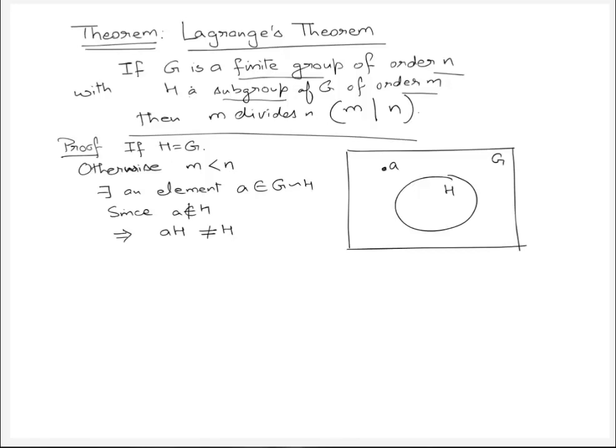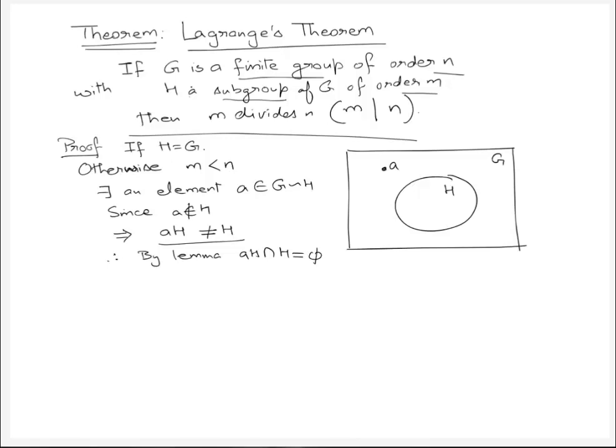But the previous lemma says that if you have two cosets of H, then either they are equal or they are disjoint. Here aH is not equal to H. Therefore, by the previous lemma, aH intersection H is a null set. So again two cases arise.